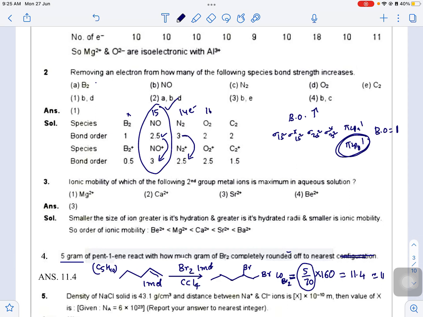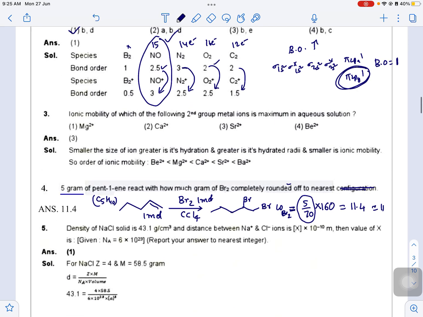O2 has 16 electrons. Its bond order is 2. We remove an electron from its anti-bonding molecular orbital, so bond order is increased to 2.5. C2 has 12 electrons. Its bond order is decreased to 1.5 when an electron is removed. So the correct answer will be 1.